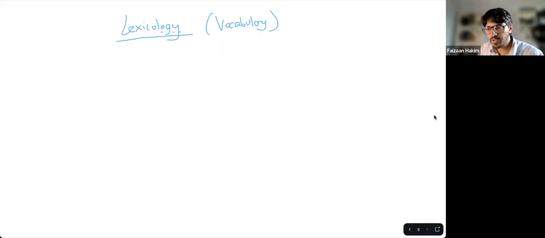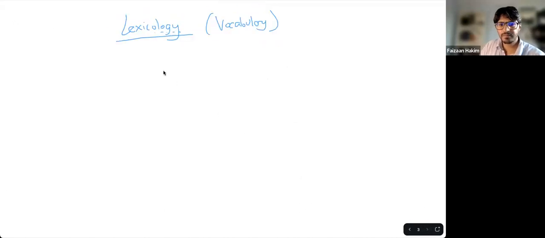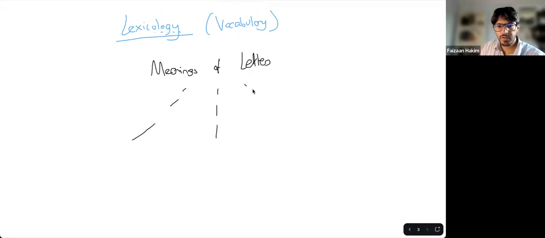And truly, the science of meanings is the science of the meanings of letters, but the meanings of letters and how these meanings branch into the meanings of roots.